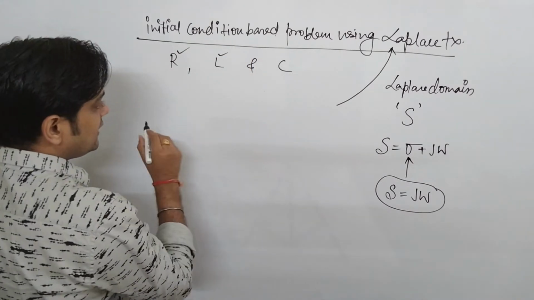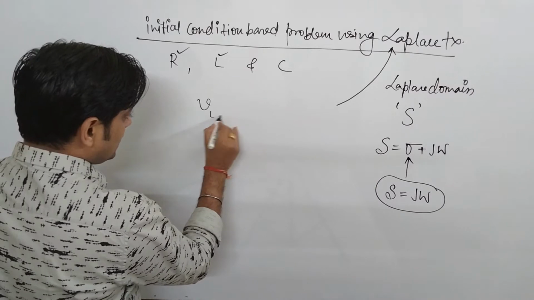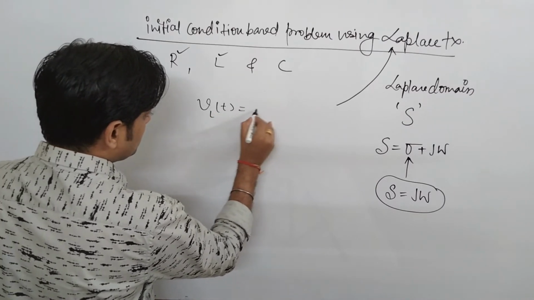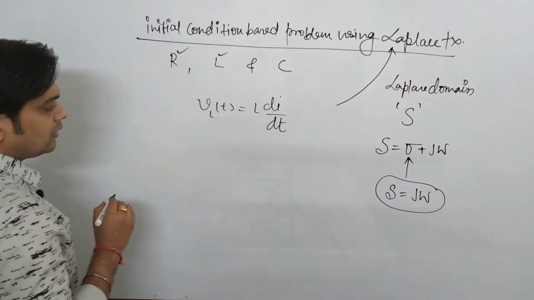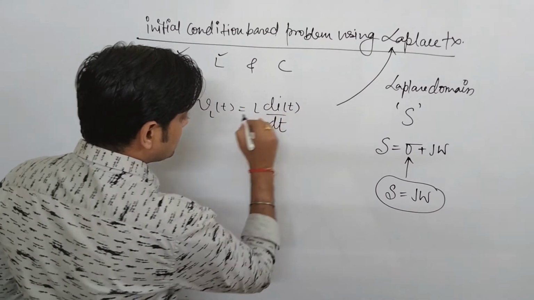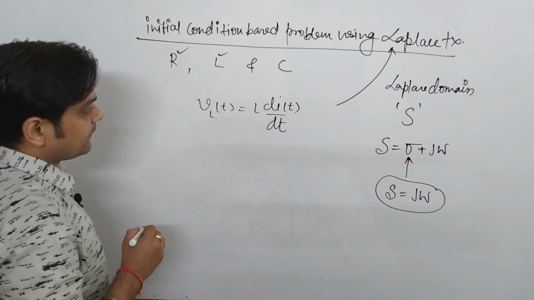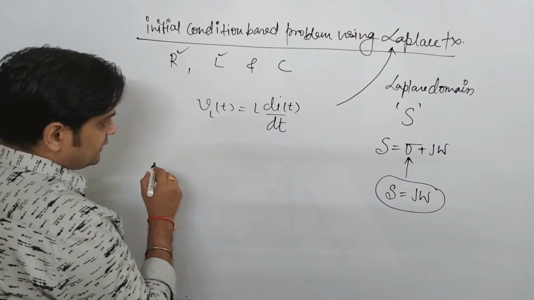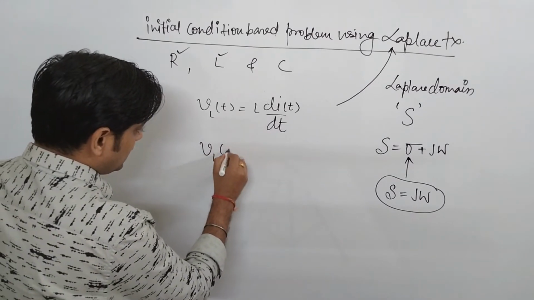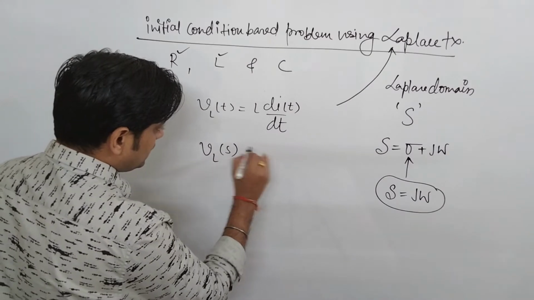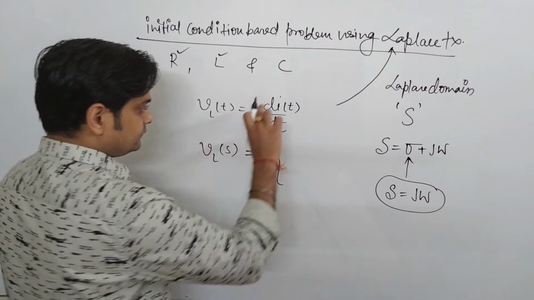If I talk about L, we have seen the voltage v_L(t) is equal to L di/dt, where i(t) is also a time domain function, the current. Now if I convert this into Laplace, V_L(s) is equal to L, which remains as it is.